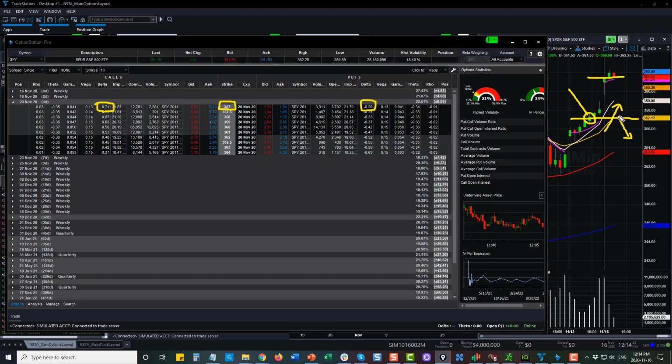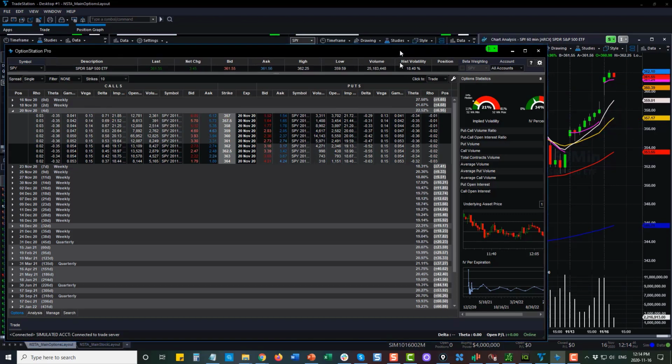In this environment, the stock's going up, which means you want a delta closer to negative 1, not negative 0.2. So in this environment, you'd be looking at calls because the market's trading up to the upside. That's why you would want to see the delta in this relationship. So delta is a pretty important factor.